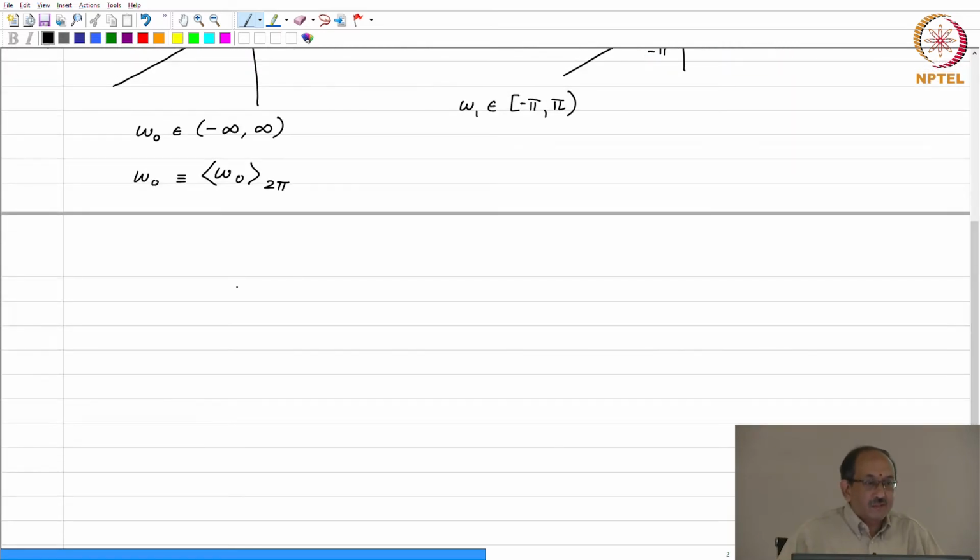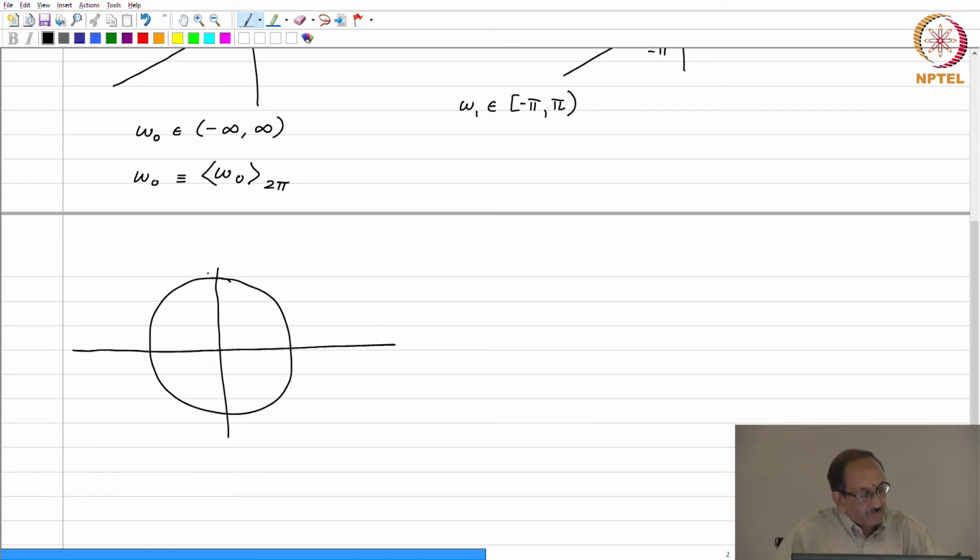Because omega is going to be restricted to the interval 0 to 2 pi, it is good to plot that on a circle rather than on a line. So this is omega naught equal to 0. Here omega naught is increasing. The oscillations are also increasing. This happens till omega naught reaches pi. So this is omega naught equal to pi. Pi is also the same point as minus pi.